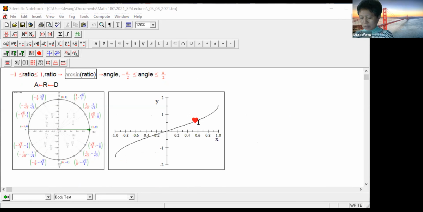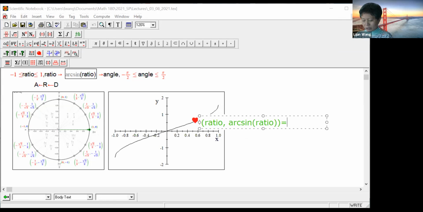The first tells you it is a ratio, right? And the second one is the arc sine of that ratio, which is giving you an angle.